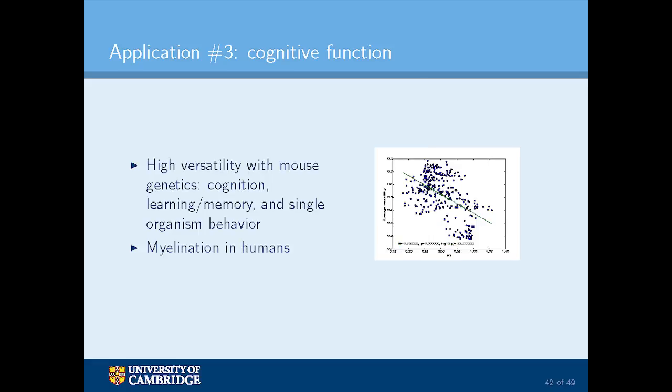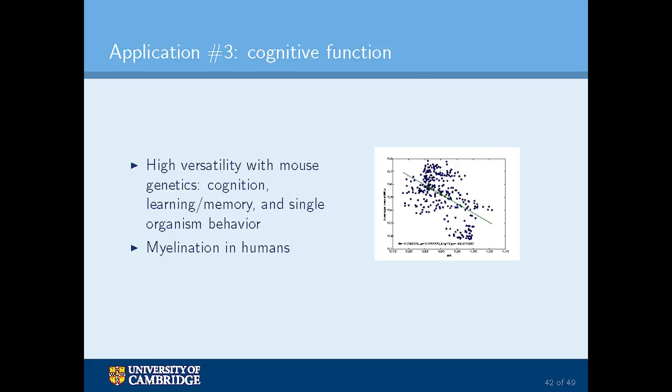But you can look at myelination. So myelination is one of the last things that develops in humans. And the place that it's last to develop is in these areas that are responsible for higher functioning.